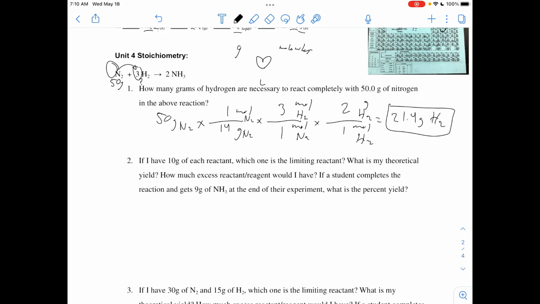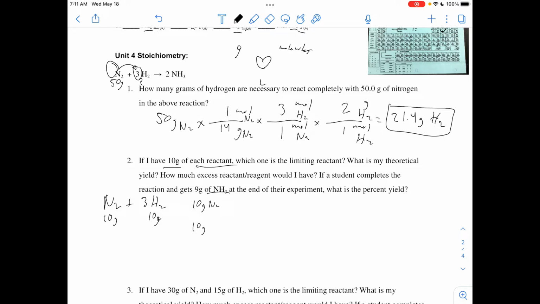Okay, next, limiting reactant. Same reaction. Notice for this one I'm given 10 grams of each reactant: 10 grams of H2, 10 grams of N2. What I'm going to do is turn both of them into the product NH3.